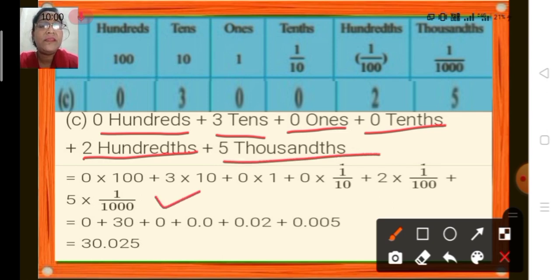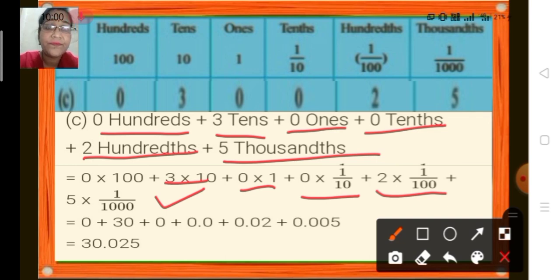This we will write in expanded form as 0 hundredths means 0 into 100, 3 tenths means 3 into 10, then 0 ones means 0 into 1, then 0 tenths means 0 into 1 upon 10, 2 hundredths means 2 into 1 upon 100 and 1000.